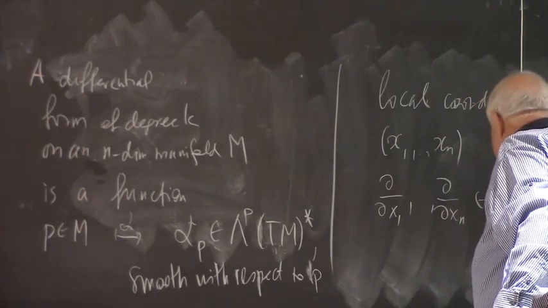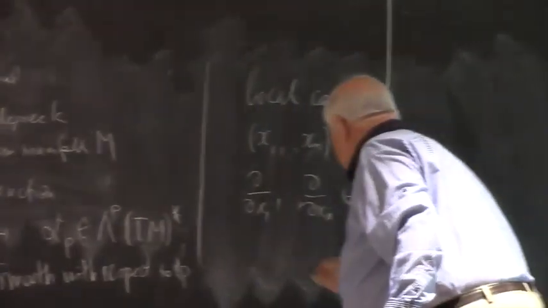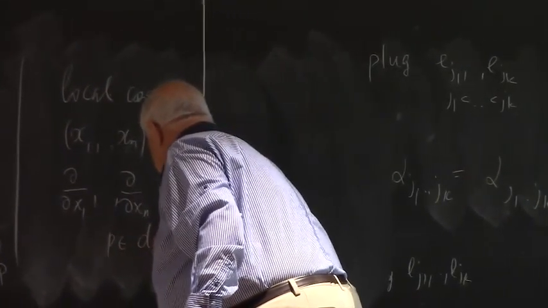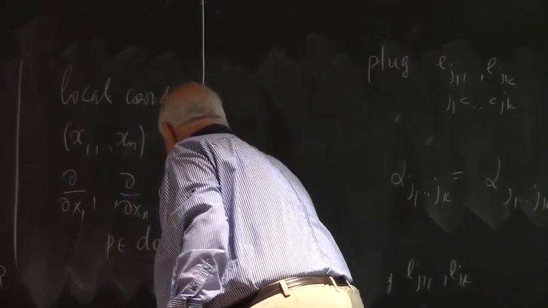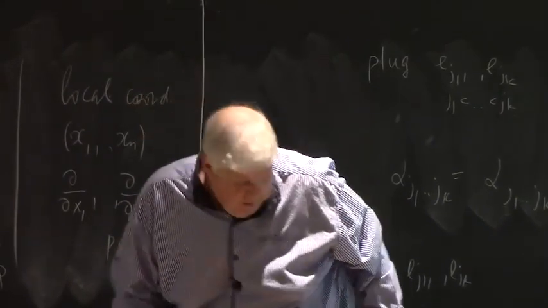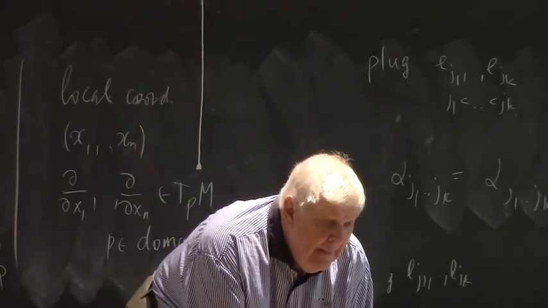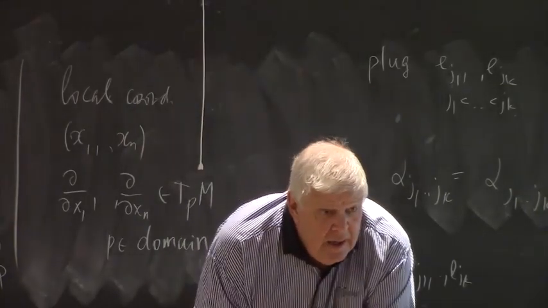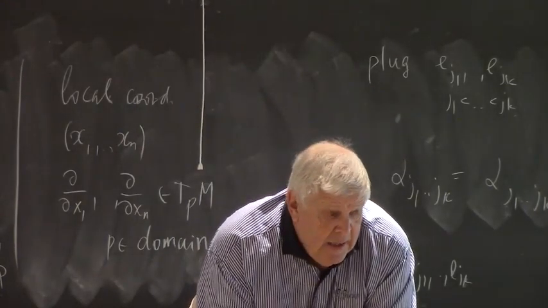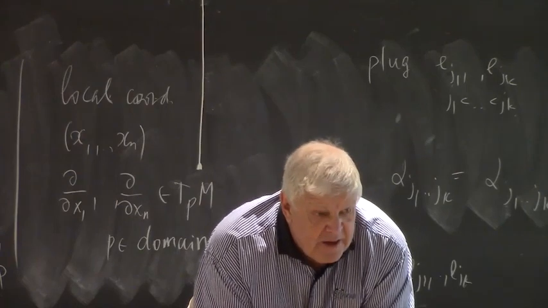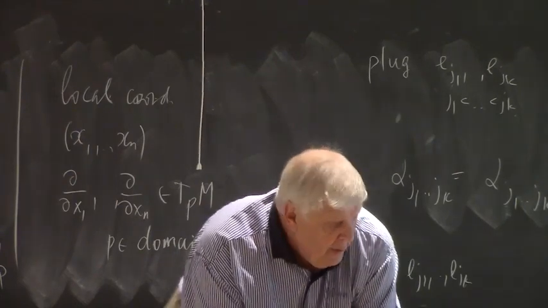This belongs to Tp. And for every p in the domain of our local coordinates, right? Okay? And certainly these are vectors for every p. And we can plug them.